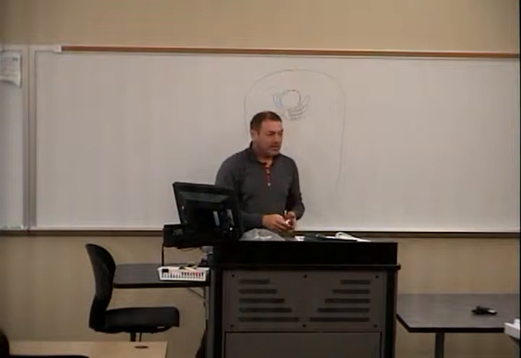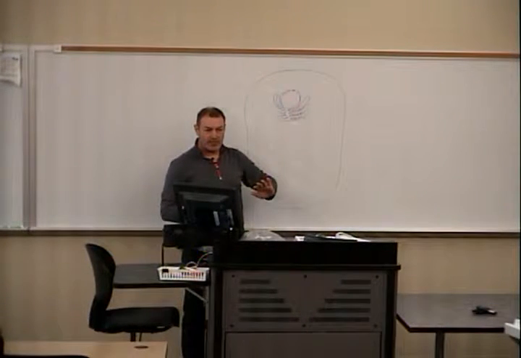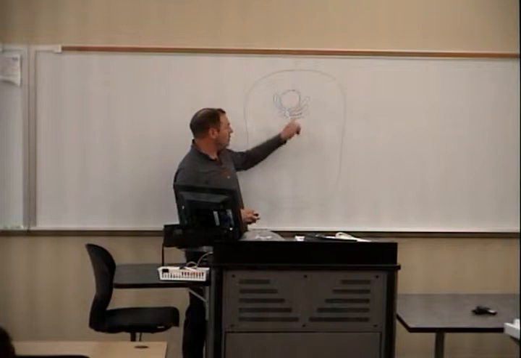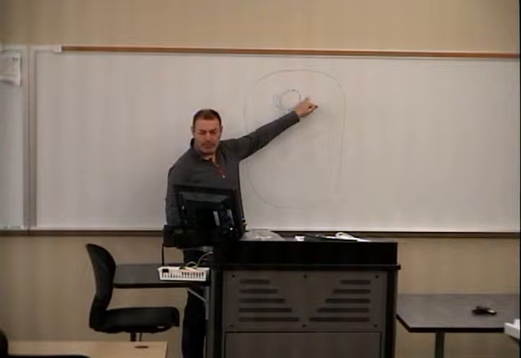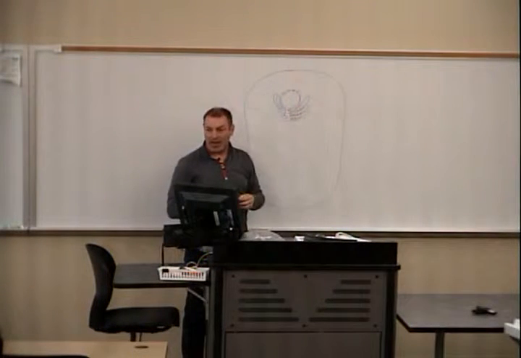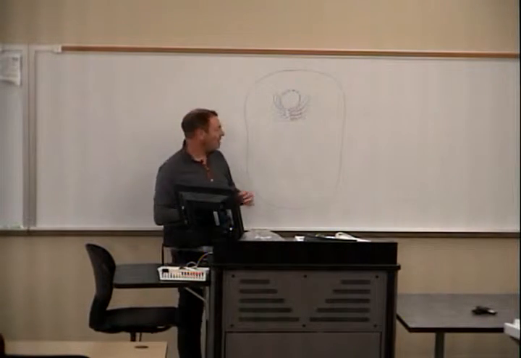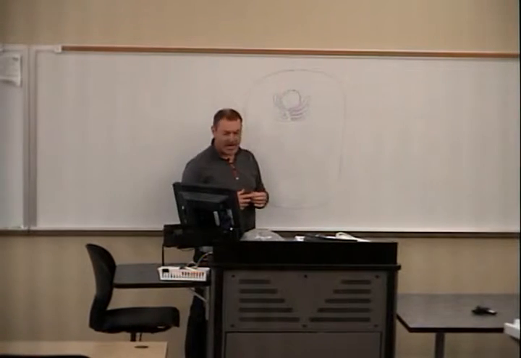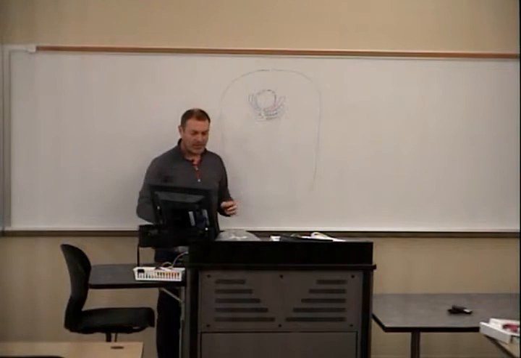All right. So on the endoplasmic reticulum, you've got two distinct regions. You've got the smooth ER, which we labeled last time, which is the region that does not have ribosomes bound to its surface. And then we've got the rough ER, which is the part that has ribosomes bound and attached to its surface.